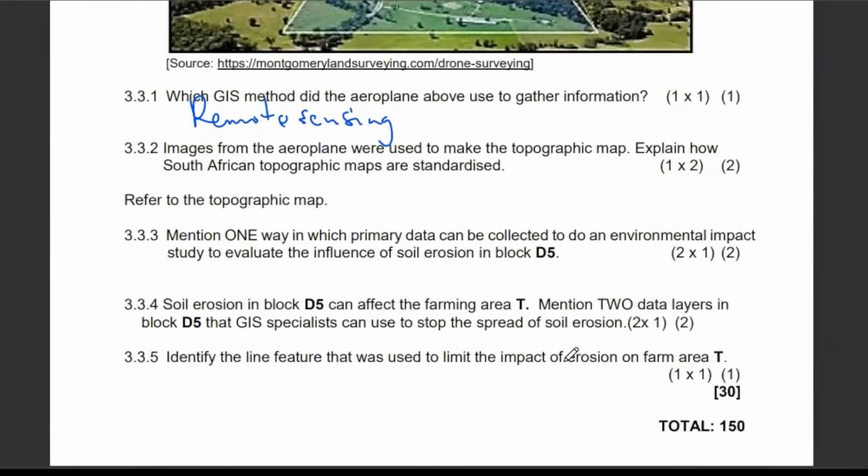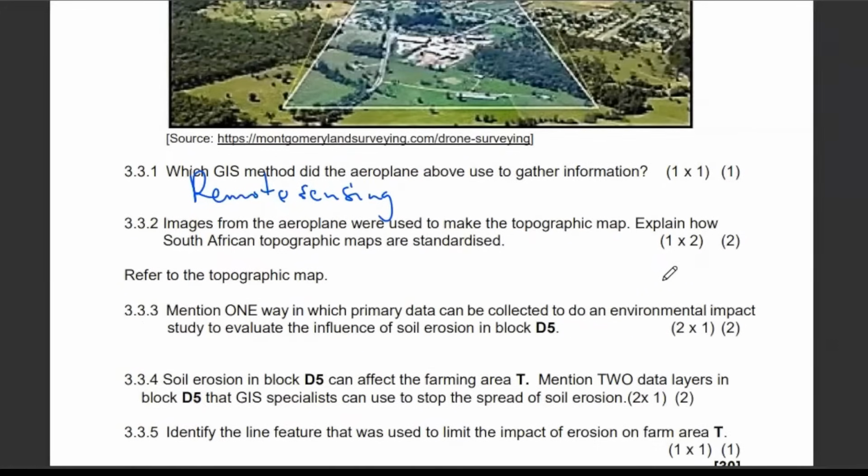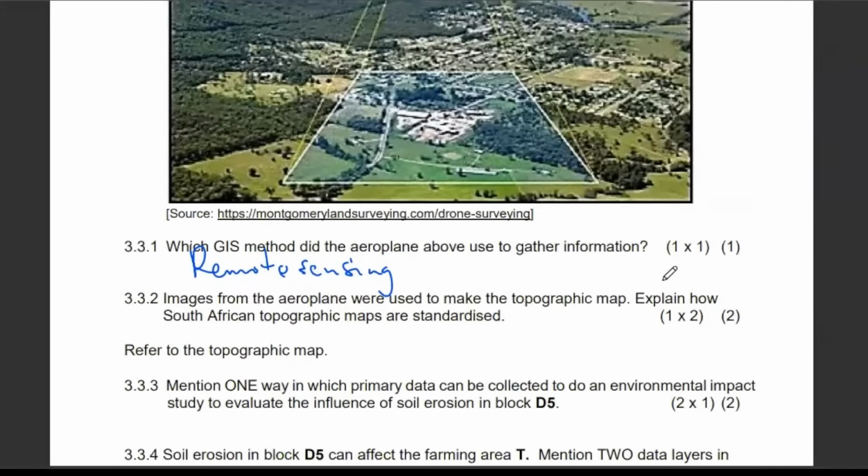Images from the aeroplane were used to make topographic maps. Explain how South African topographic maps are standardized. How are they standardized? Right, the standardization of our maps, when we're talking of standardization, we are looking at a way of making maps universal.